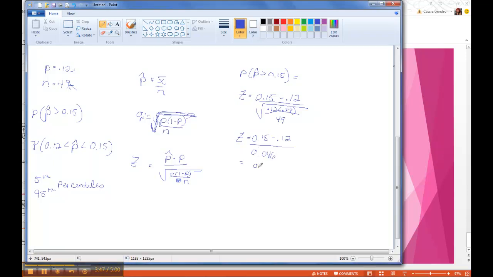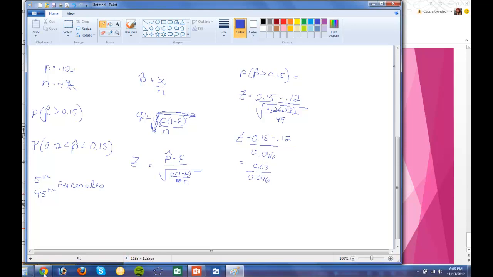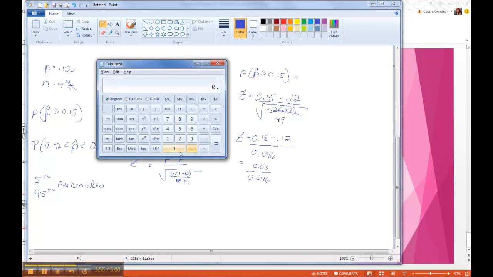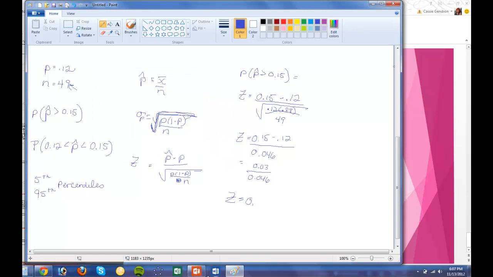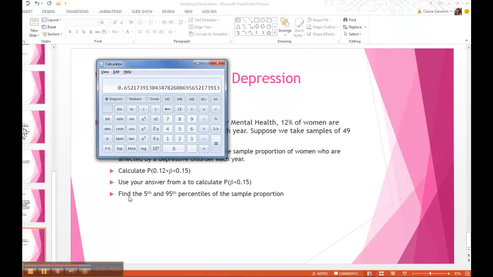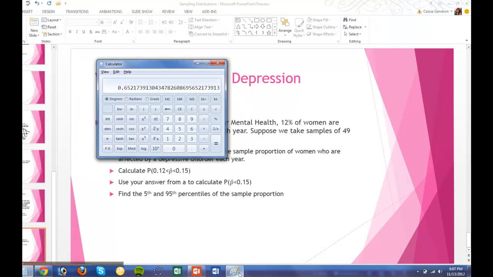So that's going to be 0.03 divided by 0.046. I'm doing out all the arithmetic for you. Alright, so 0.03 divided by 0.046, and that gives me a z of 0.652.